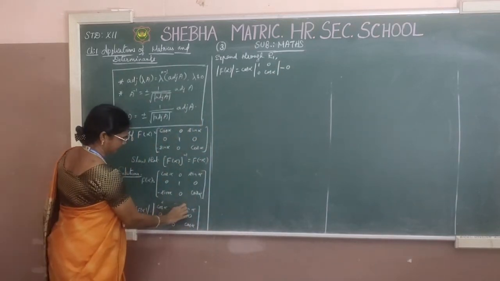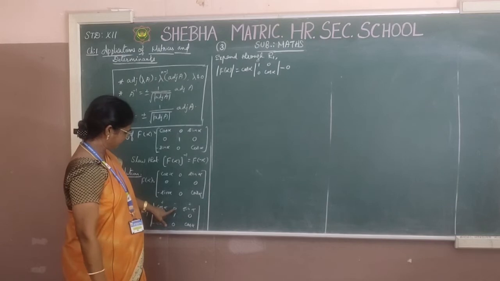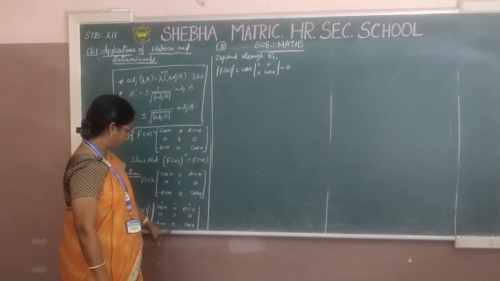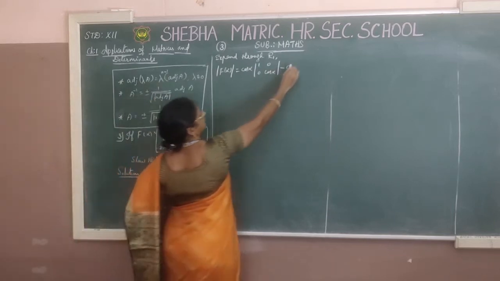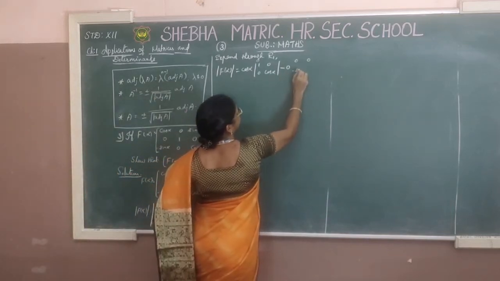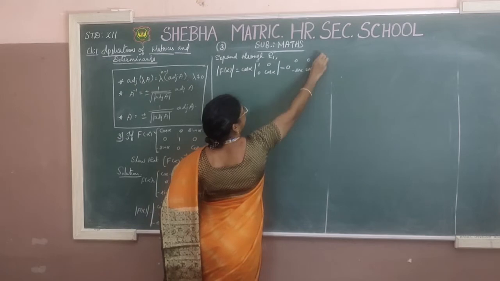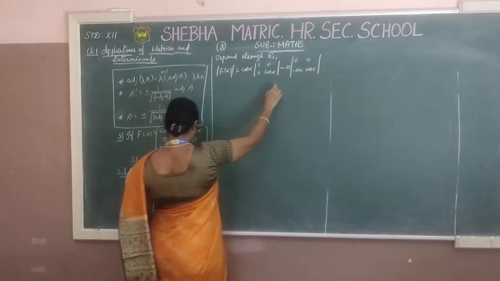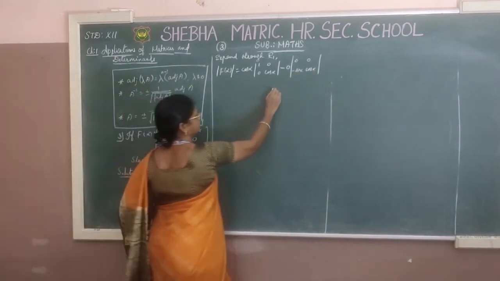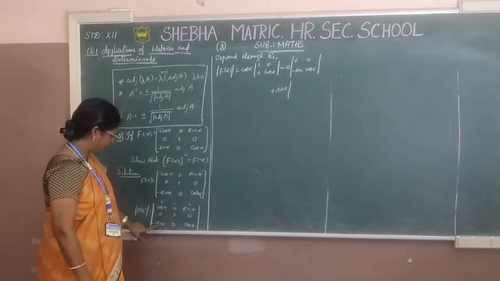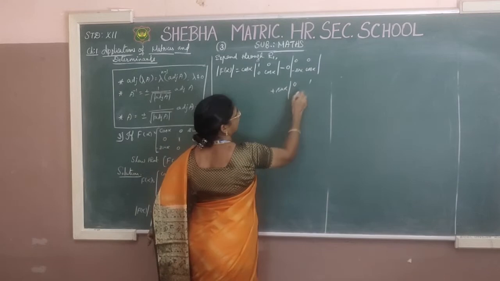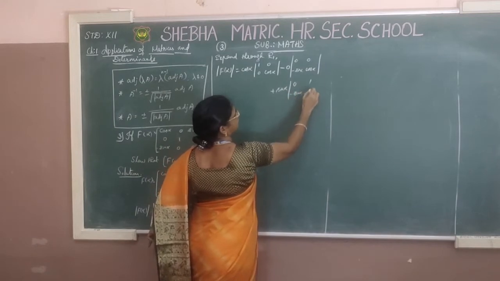So, first plus, second minus and then plus, isn't it? So, minus 0 into, leave these two row and column, we get 0 0 minus sin alpha cos alpha, and plus sin alpha into, write the minus 0 1 minus sin alpha 0.